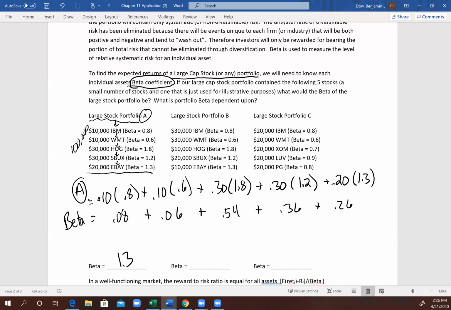So the beta for large stock portfolio A would be 1.3.